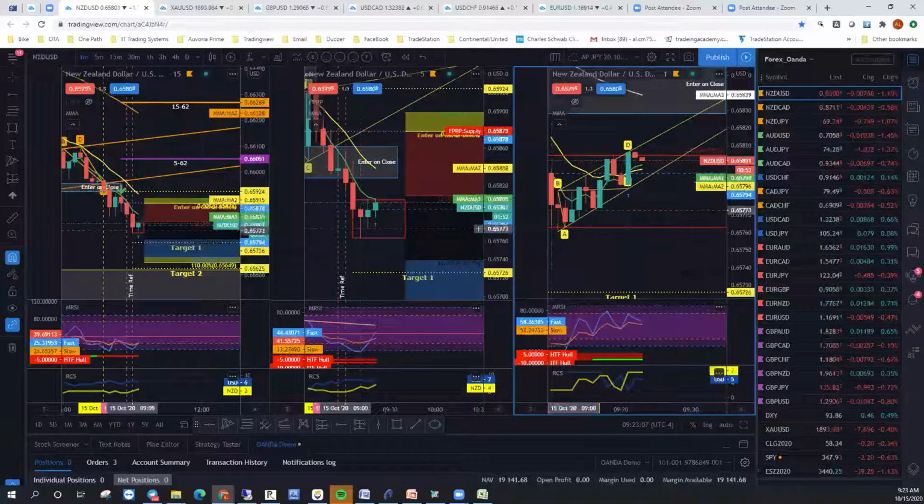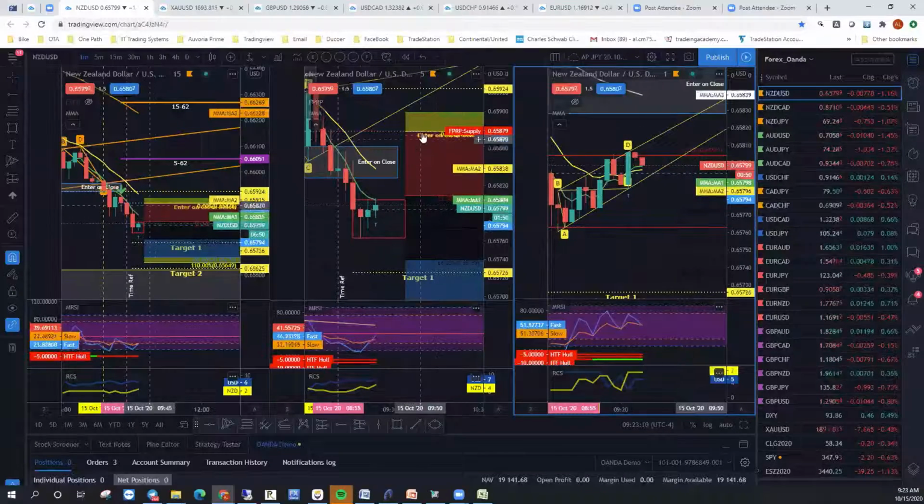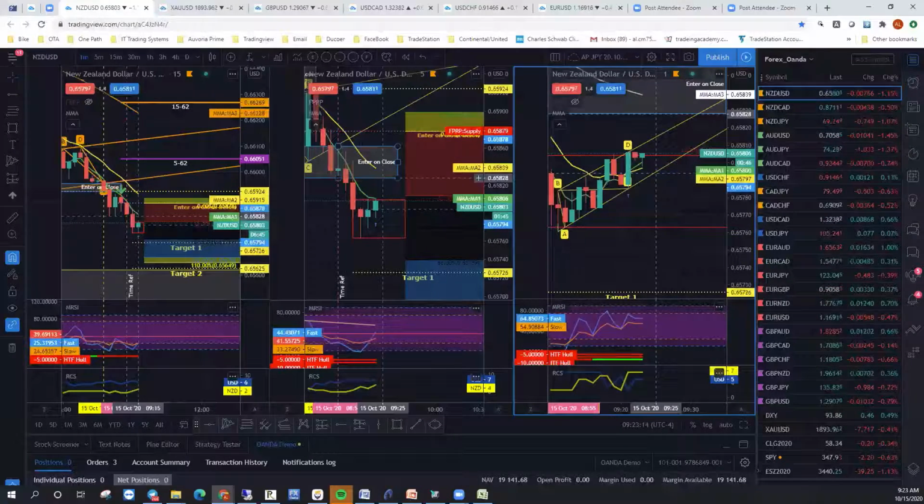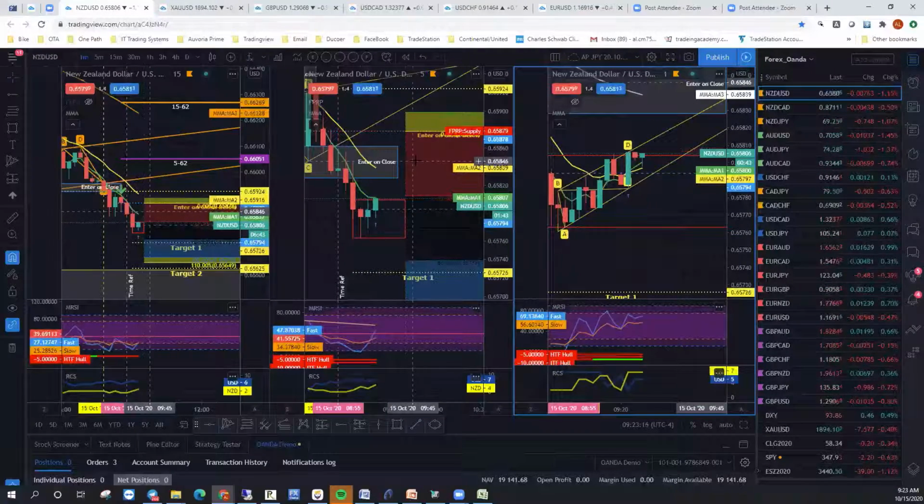Basically, what this thing did, it came down halfway in between. There's 7 pips. There's the halfway mark. It's going to come back and retest this area. Probably retest the halfway mark of this red zone right here.